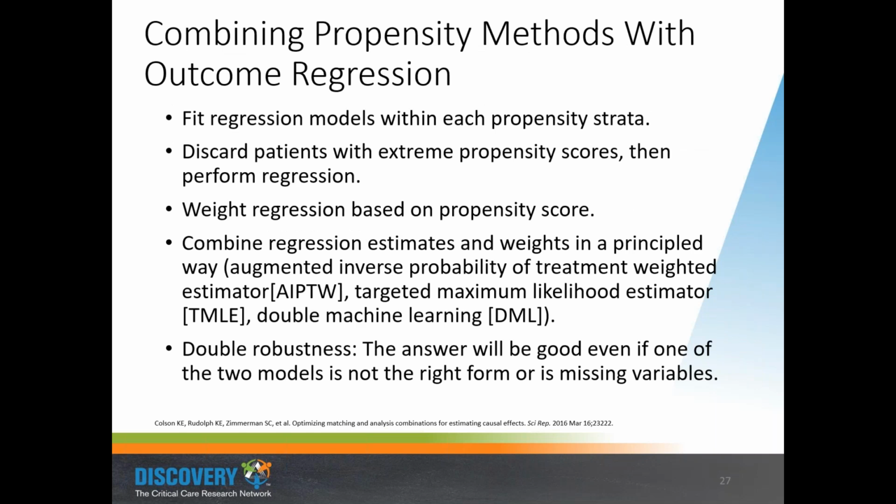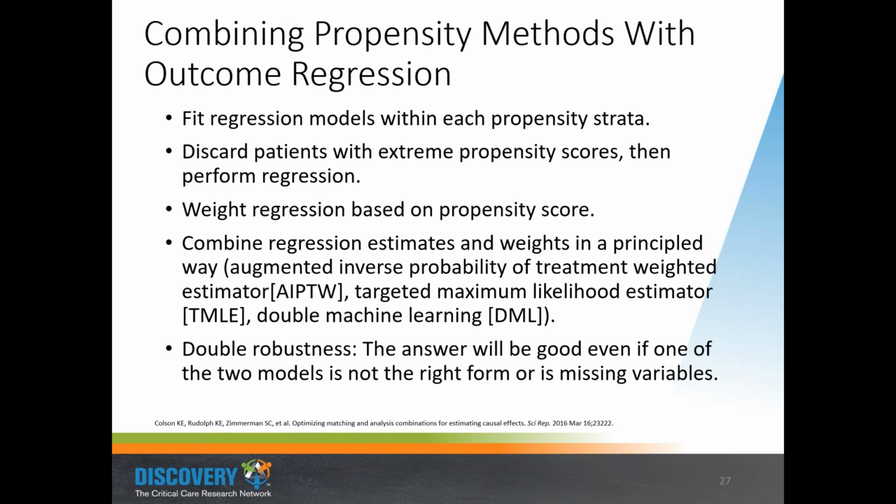So something else you can do is combine propensity methods with outcome regression. One easy way to do this is to stratify on the propensity score and then fit regression models within each propensity stratum. You can also just discard patients with extreme propensity scores, so you get a balanced subsample, and then do regression. You can do weighted regression with the propensity scores.